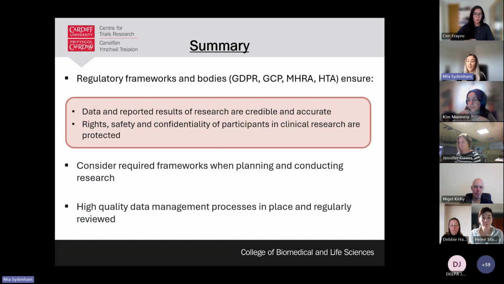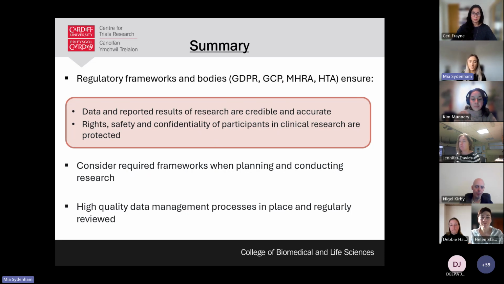So finally, just in summary, the regulatory frameworks and bodies are in place to ensure that all research data and reported results of research are credible and accurate, maintaining the integrity of data, and that the rights, safety, and confidentiality of participants in clinical research are always protected.